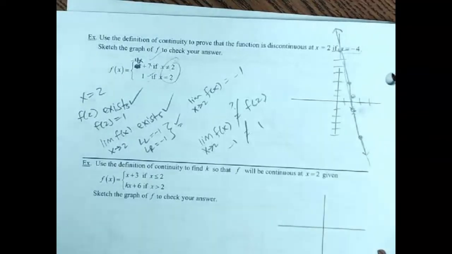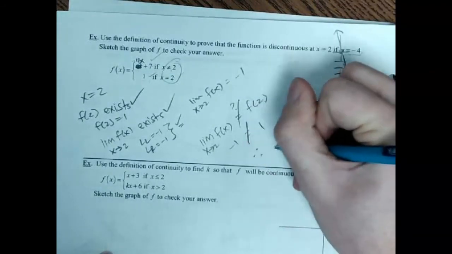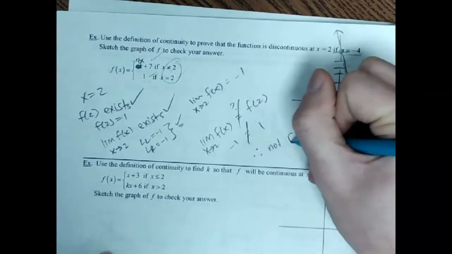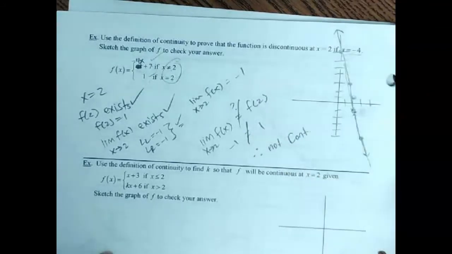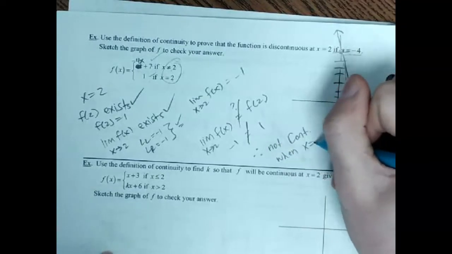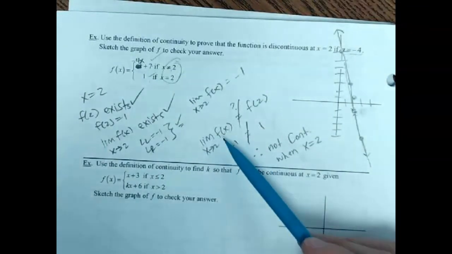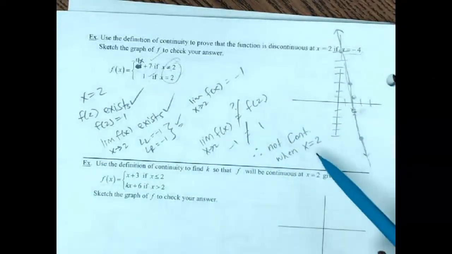The limit tells us where it's supposed to be, the function value tells us where it actually is, and we need those things to match. So here we could say, therefore, not continuous when x equals 2. Definitely not continuous because the limit doesn't equal the function value at that specific point.